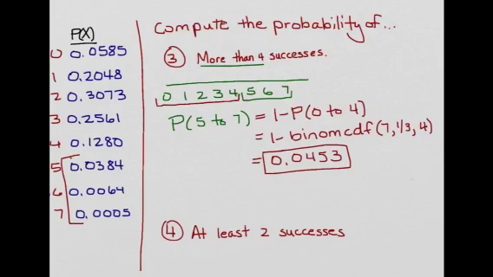All right. And now for the last one, we want the probability of at least 2 successes. So now for this one, we want at least 2, so we're going to include 2 and go all the way up to 7.